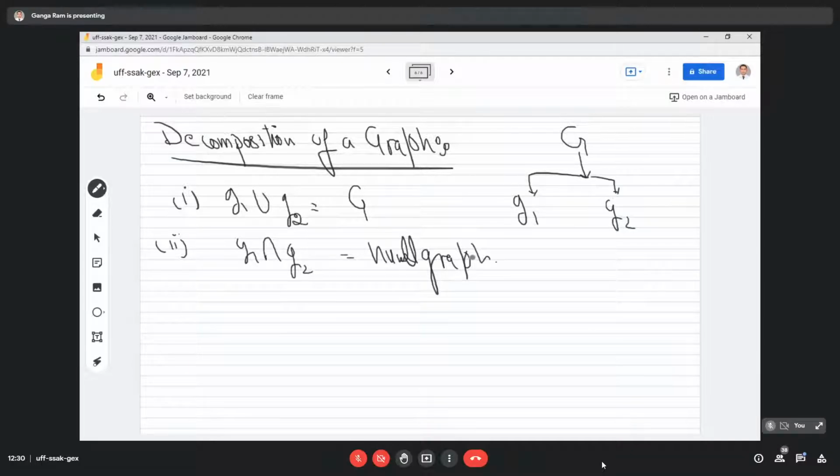Got it? And in the graph G we will disregard the isolated vertex, meaning we will consider only connected graphs.